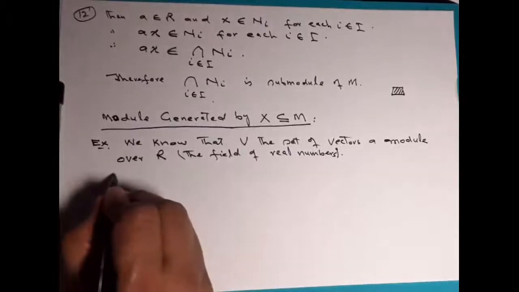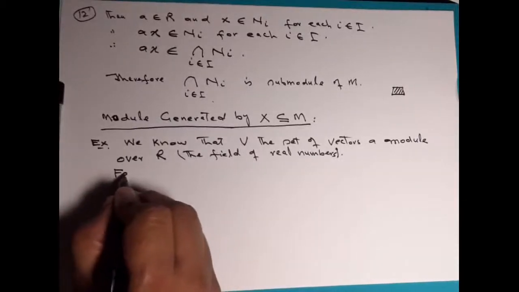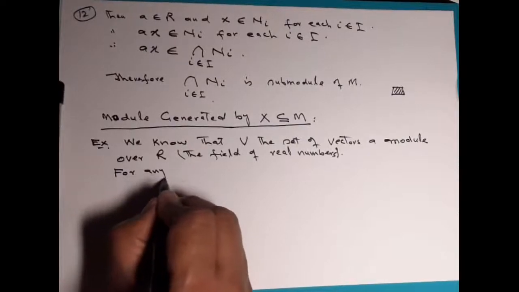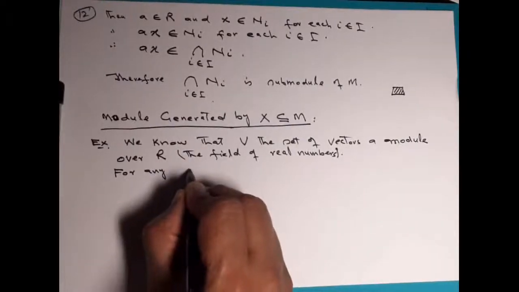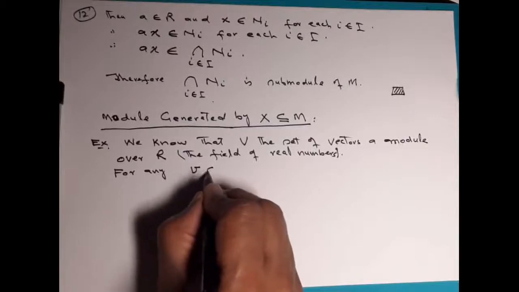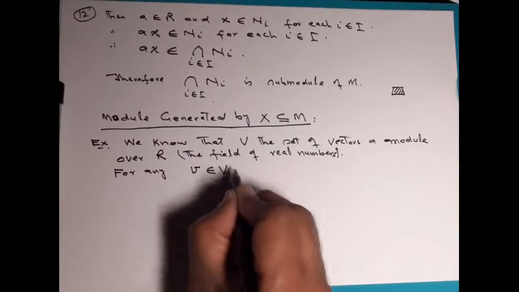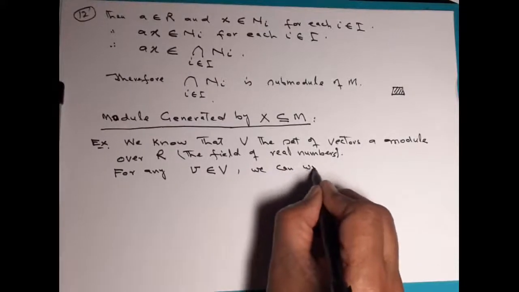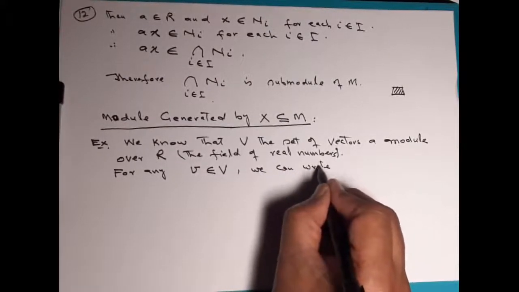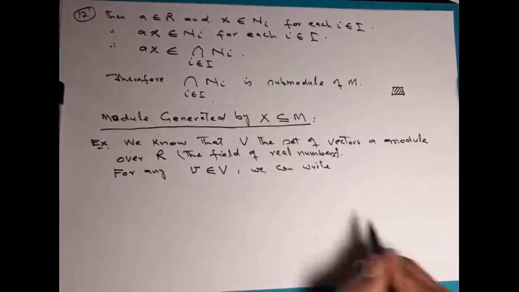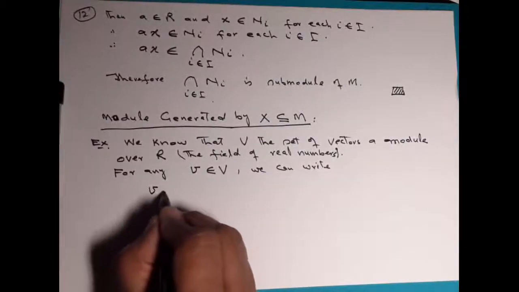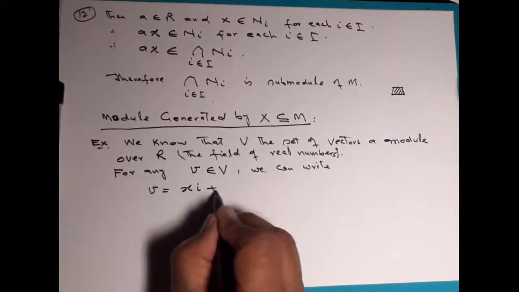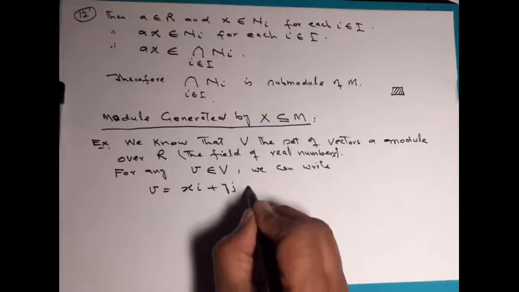Further note that for any vector v belonging to V, we can write v is equal to xi plus yj plus zk.